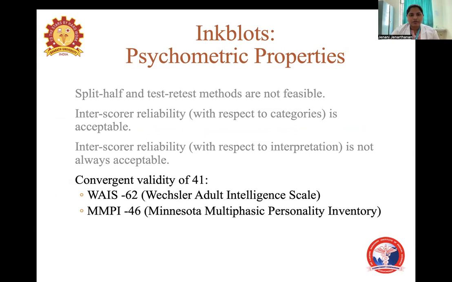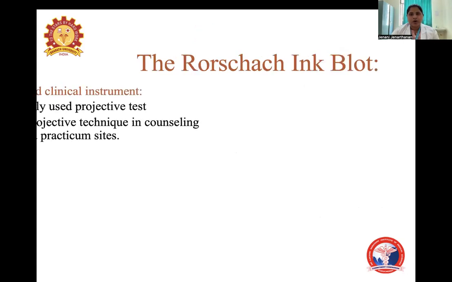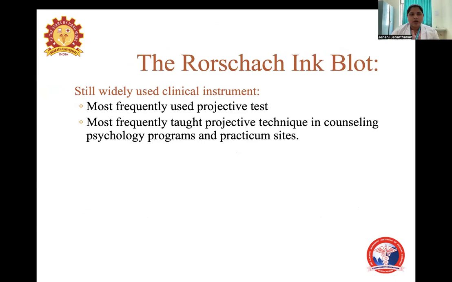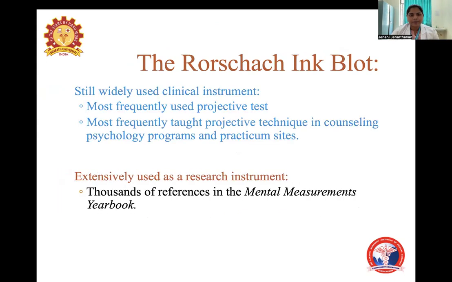Concurrent validity of .41 with the Wechsler Adult Intelligence Scale and the Minnesota Multiphasic Personality Inventory. The Rorschach inkblot test is still a widely used clinical instrument, the most frequently used projective test, and the most frequently taught projective technique in counseling and psychology programs and practice sites.